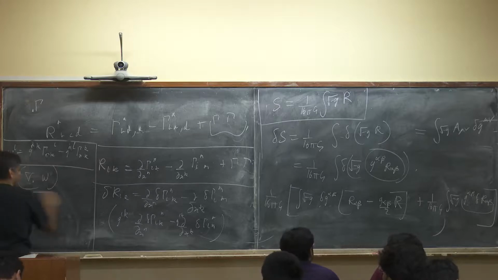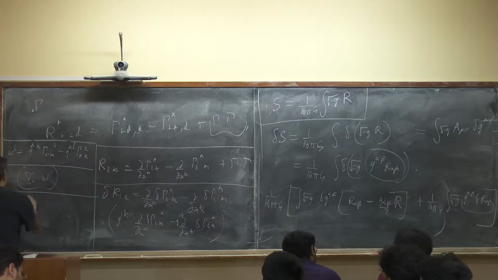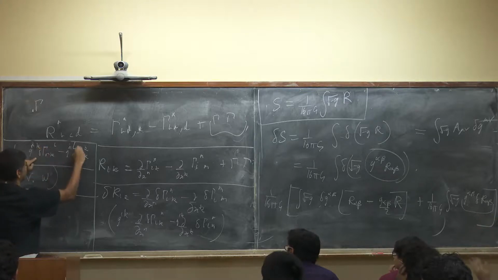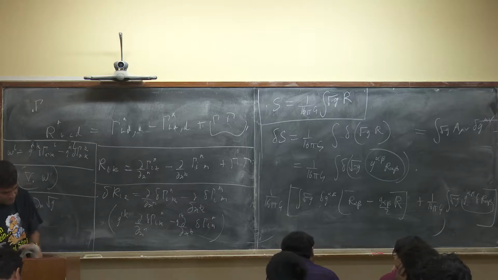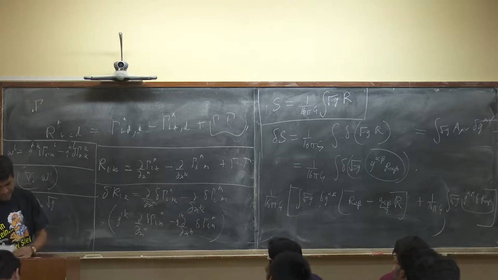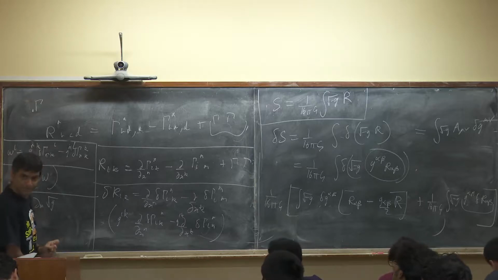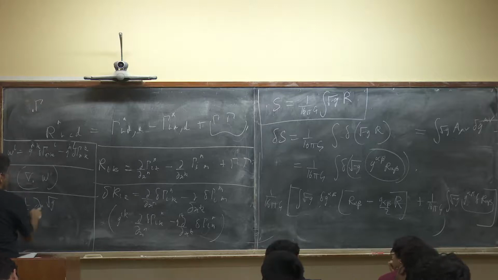Now, in order to check this claim, let's write down a formula for what del dot W is. Del dot W is 1 by square root g del_m square root g W^m. Sorry, everything here is a delta.